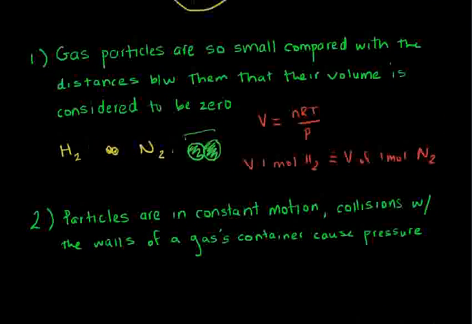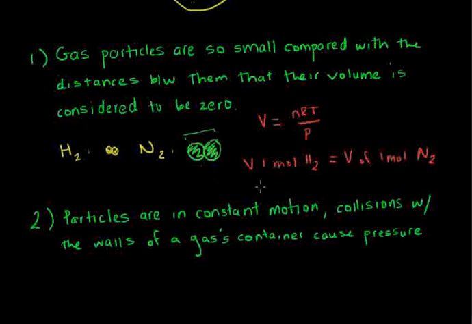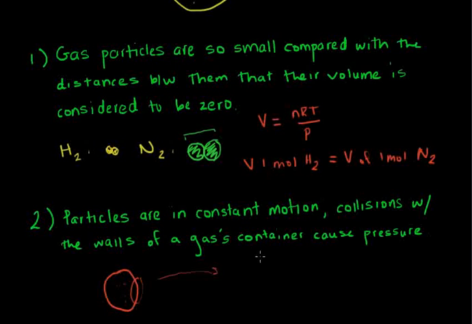The second statement of the kinetic molecular theory says that particles are in constant motion and collisions with the walls of a gas's container cause pressure. If we draw a little container here with a few gas particles inside, maybe we can zoom in on the wall. We've done this a bunch, and I think I've explained this in great detail, but there's no harm in repeating oneself.